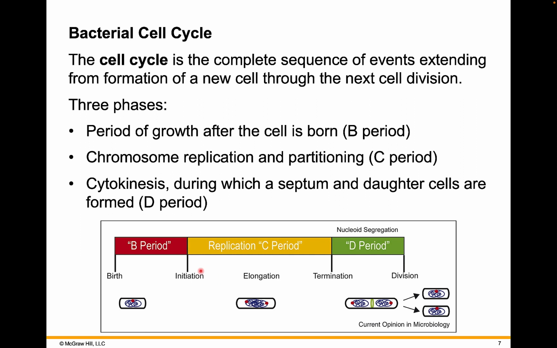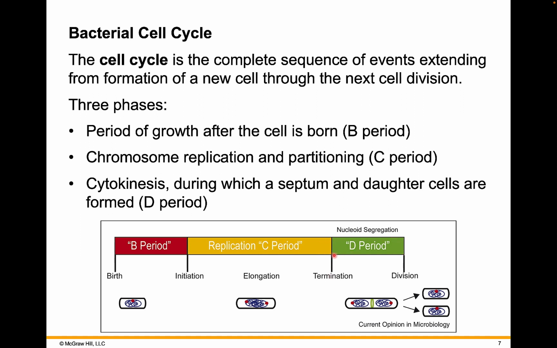It starts with the initiation, and as the chromosome is being replicated, the cell will elongate. At the end of the C period there is a termination of the chromosome replication. That means that the chromosome has been completely duplicated.